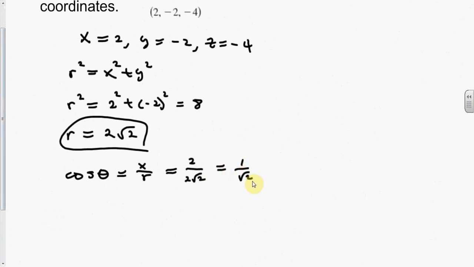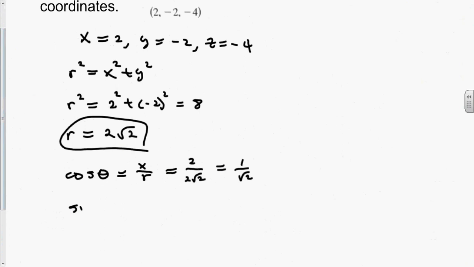We just get 1 over the square root of 2. Now, I'm thinking pi over 4, but I got some negatives with that y and that z, right? So I want to be very careful that I get the right angle.